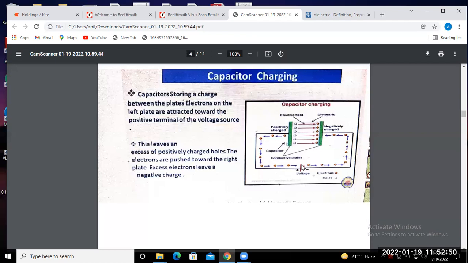Whenever your battery is connected, the capacitor charges. That means the movement of electric current and the flow of electrons and holes can be represented in the schematic diagram during the charging period.